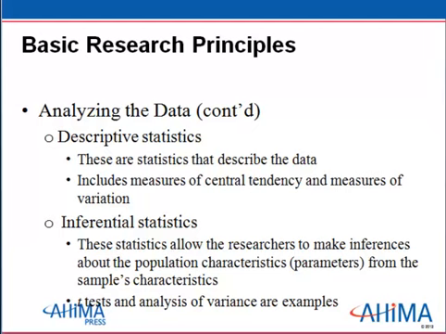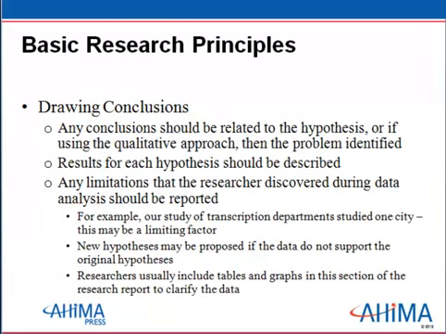Inferential statistics allows the researcher to make inferences about the population's characteristics from the sample's characteristics. Analysis of variance, or ANOVA tests, and t-tests are examples of inferential stats that will be discussed in Chapter 13.